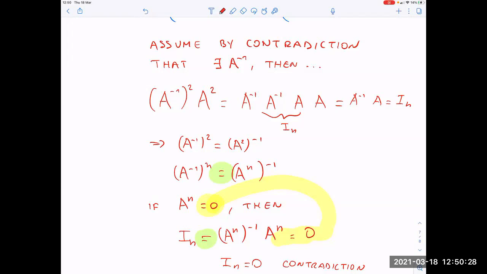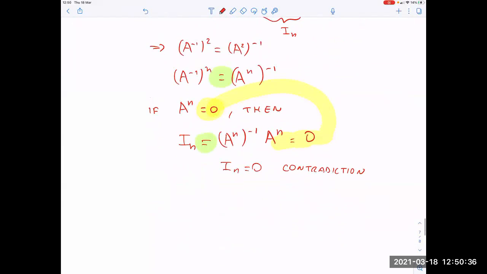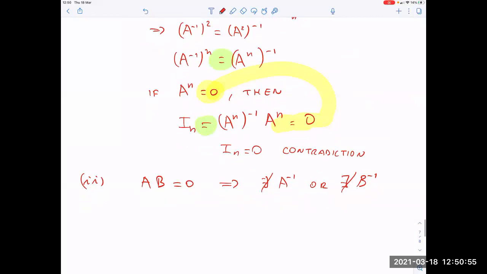Okay, so this is what gives us trouble. And Samsung Singh, yes, what you do about part 2 is the way of doing part 2. So Samsung Singh says, well, if AB is equal to 0, then what we get is that you don't have A minus 1 or you don't have B minus 1. And you prove this by contradiction.